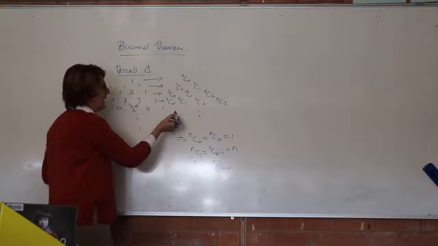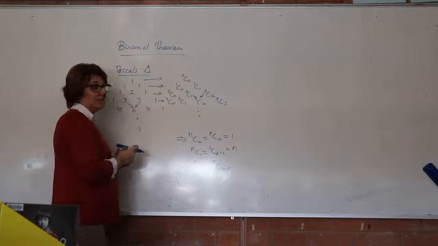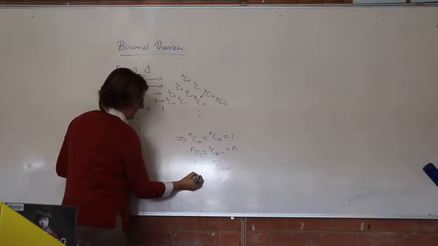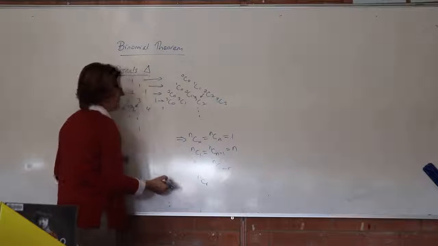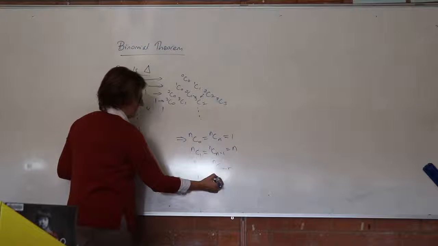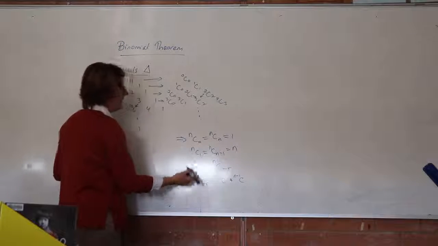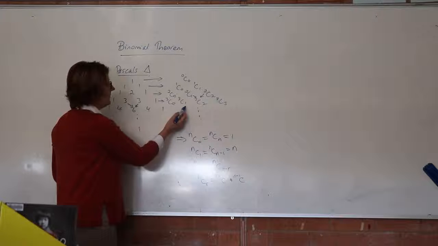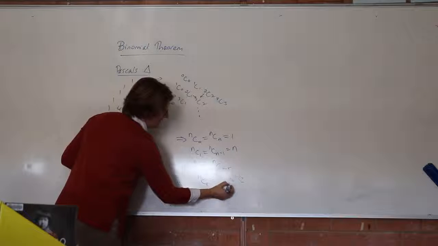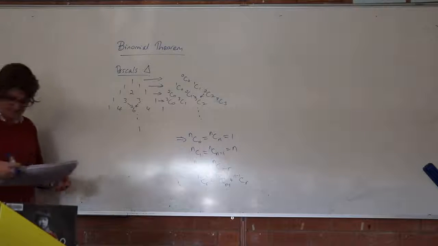In nCr notation, nCr equals, what do you notice about the numbers above? (n minus 1)C something plus (n minus 1)C something. One is one less than that, and the other is the same as that, so r minus 1 and r. That was something you had to prove in your assessment task.